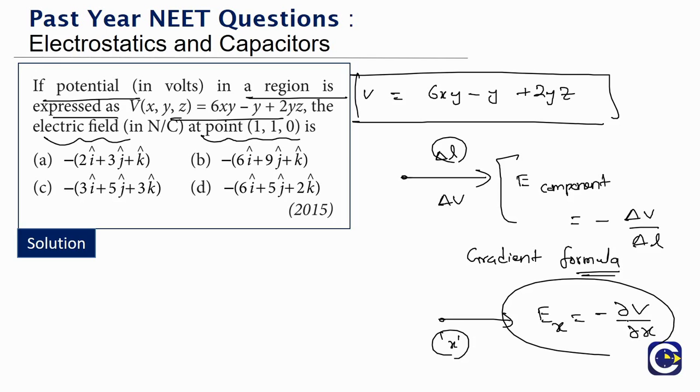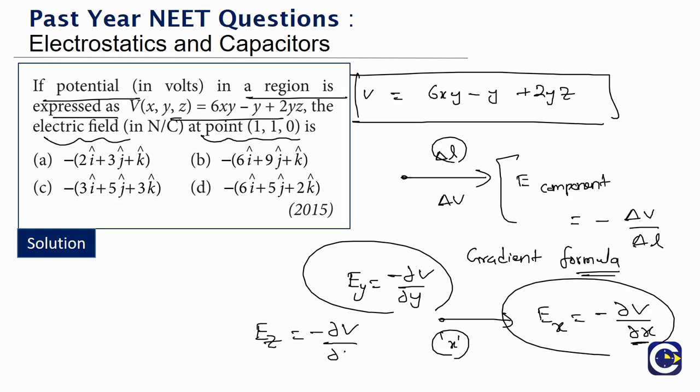Dou is a notation to indicate that here we are looking at the change in the value of V just because of x. Similarly, we will get the electric field component along the y-axis as minus dou V by dou y. This dou notation is called the partial derivative notation. Similarly, z will be minus dou V by dou z.